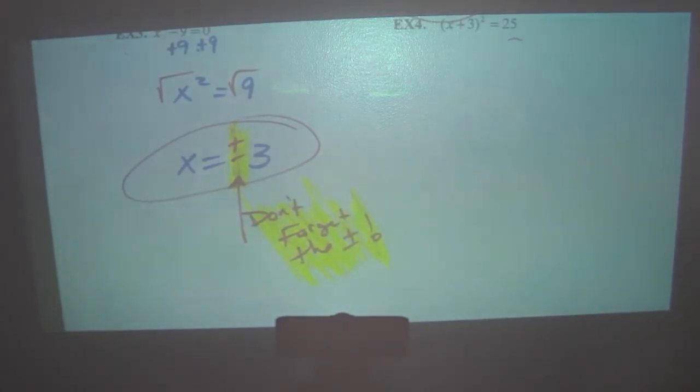You don't want to forget stuff, right? You don't want to forget your son at the gas station like my dad did when I was a kid. You don't want to forget plus or minus signs. Yeah, still scarred for life. I'm 39 years old. I never let it go. Don't forget your plus or minus sign.